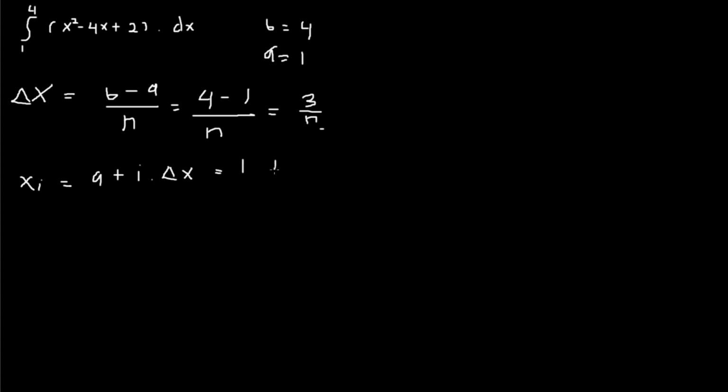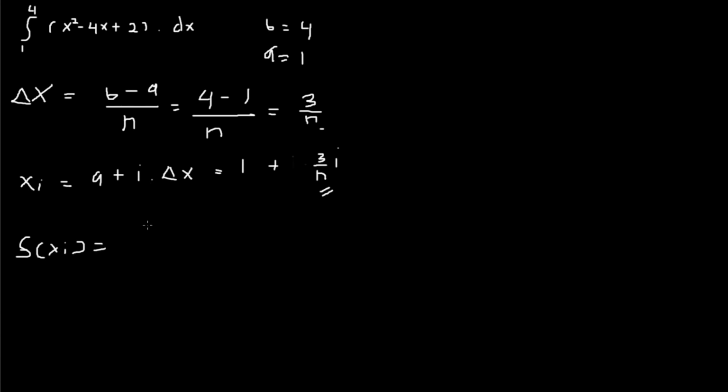A is 1, delta x is 3 per n. We can't simplify this further, so our xi is 1 plus i times 3 per n, or we could write this as 1 plus 3 per n i. So now what we're going to do is plug this xi into the original equation to get our f of xi.